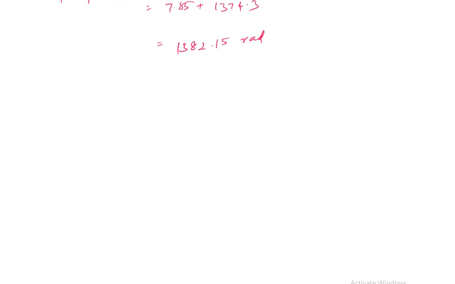Giving the answer in radians is not very intuitive, so let's convert this to revolutions. 1382.15 radians times 1 revolution over 2 pi radians, so the radians cancel. 1382.15 divided by 2 pi comes to 220 revolutions.